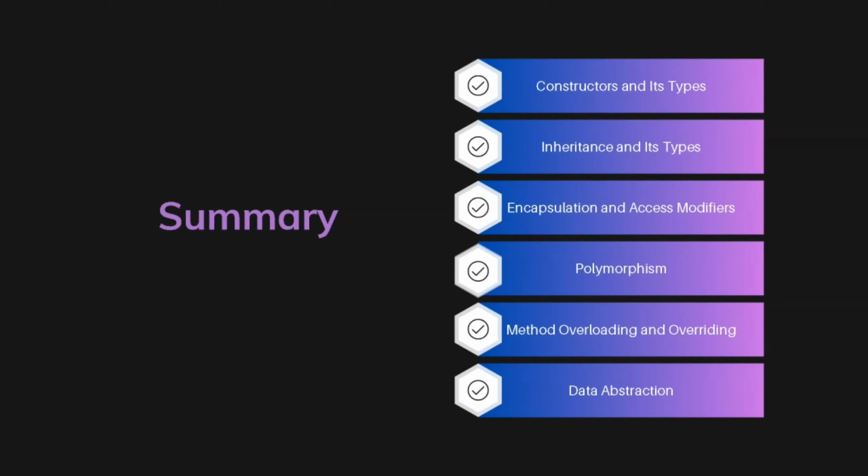We saw the first pillar of OOPS, which is inheritance, that allows a class to inherit another class's attributes and methods. We have four types of inheritance: single, which is a relationship; multi-level, that shows the transitive nature of inheritance; hierarchical, where we have more than one child class; and multiple inheritance, where we have more than one parent class.